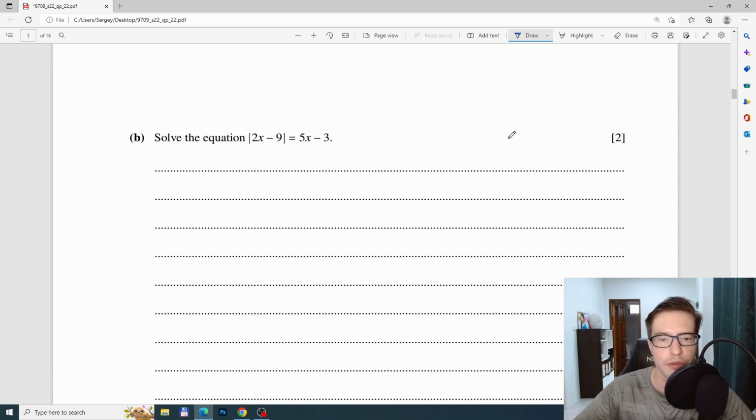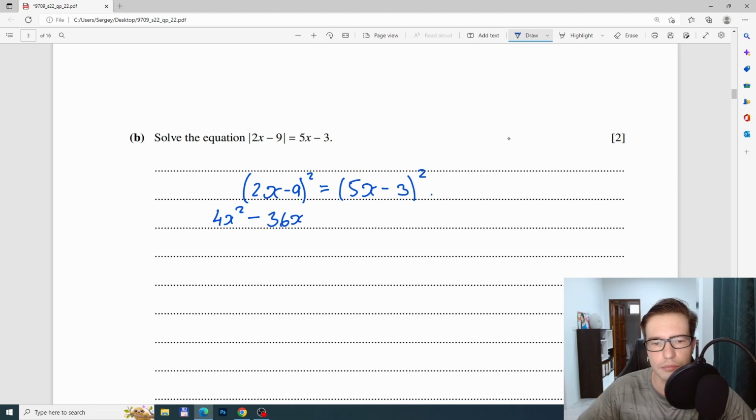Okay, next question, we have to solve the equation, and for that we have a standard procedure. I'm going to square both sides. And now I will have to solve this quadratic equation. I will have to collect everything on one side and make the other side equal to 0.